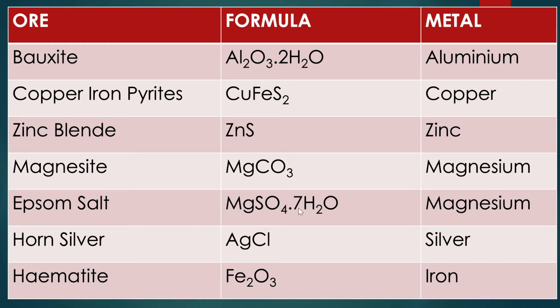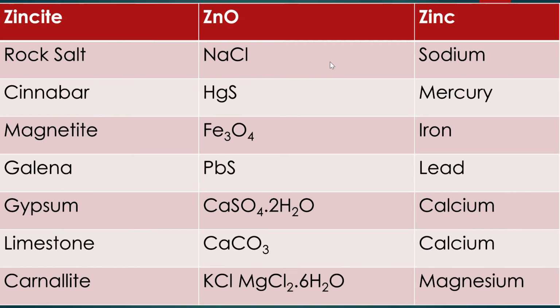So then you need to write 7 molecules of water in Epsom salt and 2 molecules of water in bauxite. Similarly, 2 molecules of water in gypsum and 6 molecules of water in carnallite. And whenever you're writing the formula, children, don't forget to write the water molecules along with the formula.